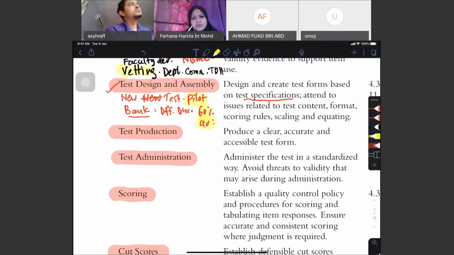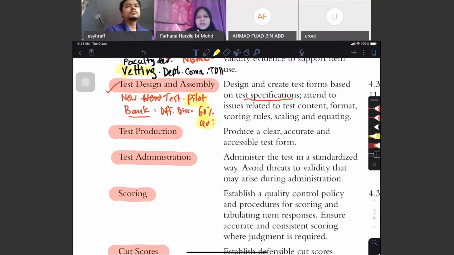Content wise, everybody agrees they are suitable, not too difficult, relevant. Only thing is that we have not actually tried it out. So we include it in the actual real exam question paper. Yes. That's why I say the new questions should be the minority, not the majority of questions.